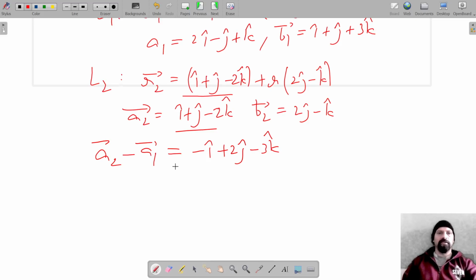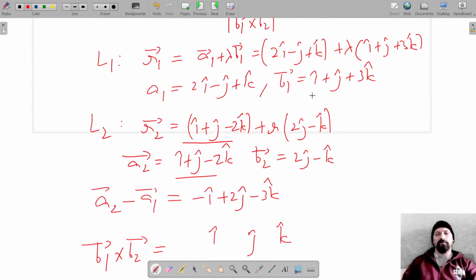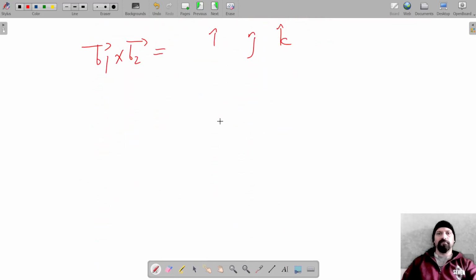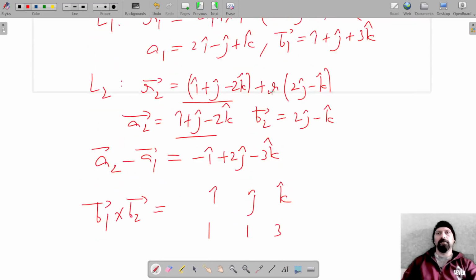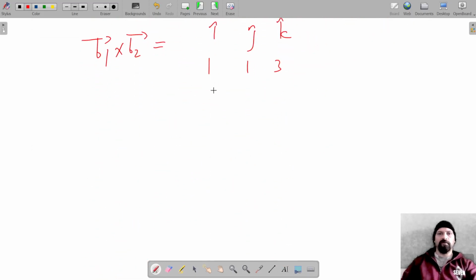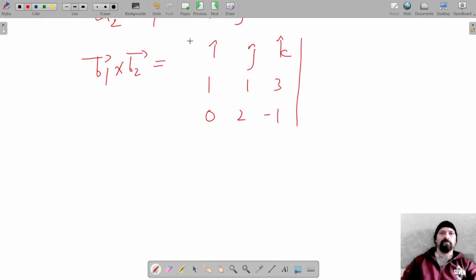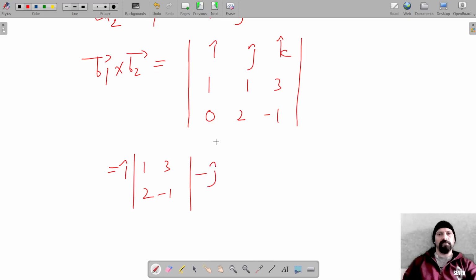Okay, now let's find out B1 cross B2. B1 cross B2 is the determinant of i cap, j cap, k cap. This is B1, take the scalar components 1, 1, 3, and B2 has scalar components 0, 2, and negative 1. Let's find out the cross. So this would be i cap, and the determinant left is 1, 3, 2, negative 1, then negative j cap.